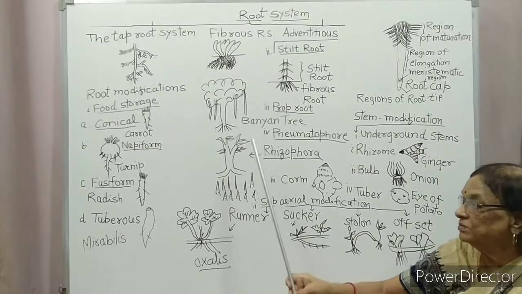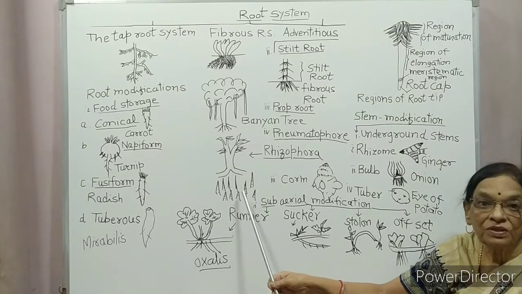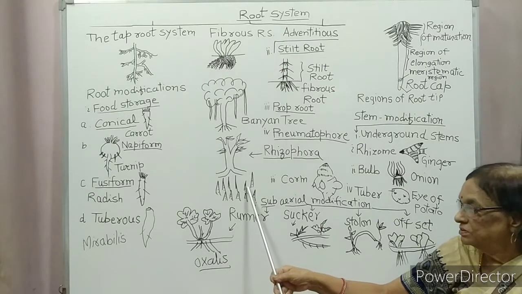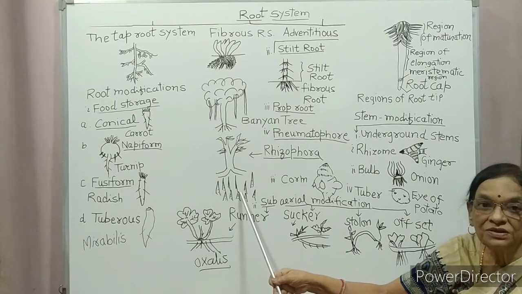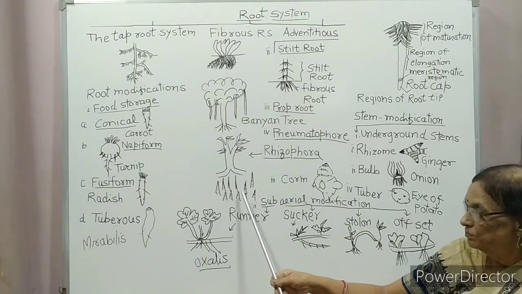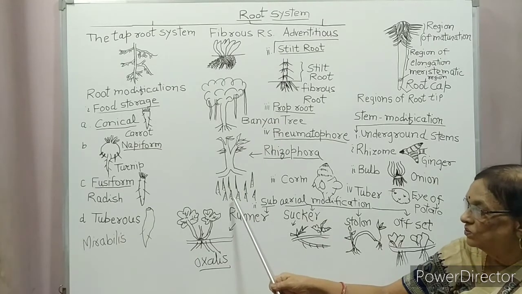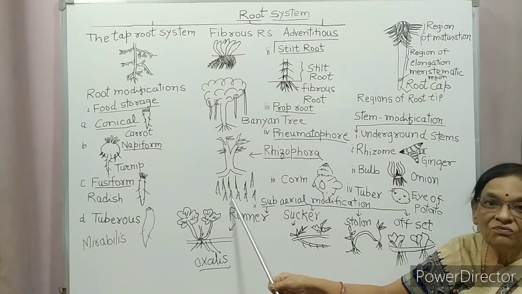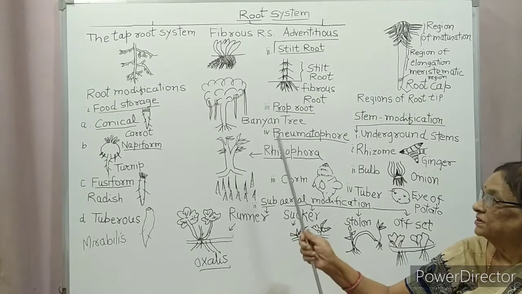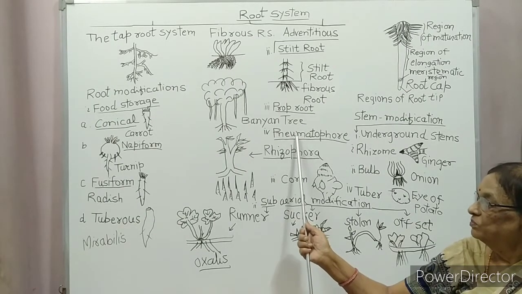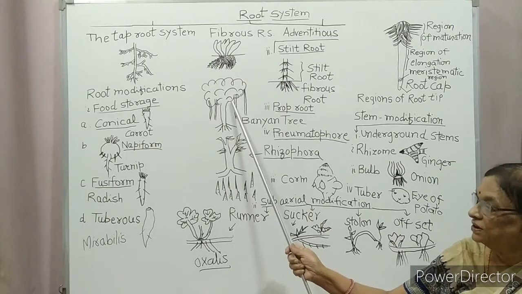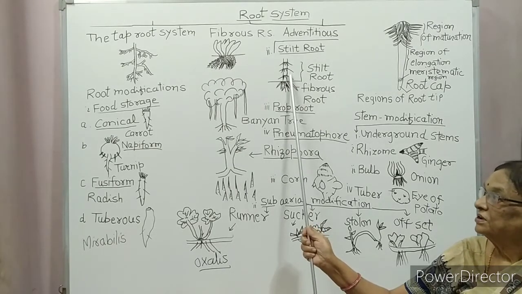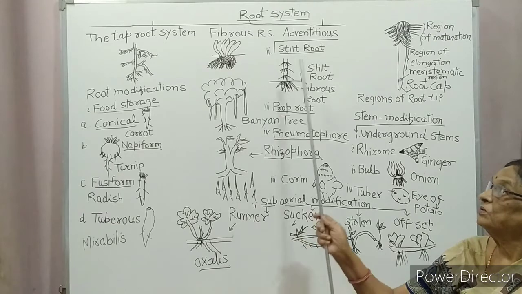So the root system cannot grow towards the soil. Some roots grow towards the aerial part and they develop small holes for exchange of gases. It is called pneumatophore. So these are modifications for support. Which roots are for support?